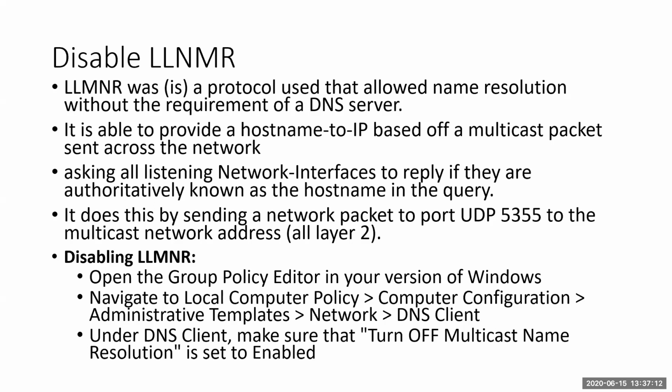Basically, it's a broadcast service, so when a user is trying to access resources on the local LAN that's not in DNS, it's going to do a broadcast. And LLMNR's job is to tell the requester where the service is, so that they can find it.